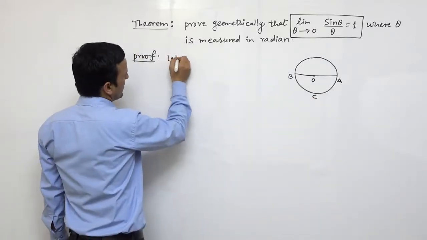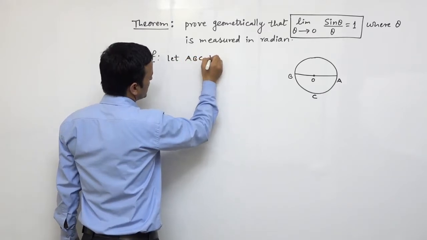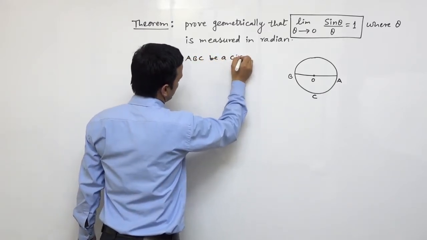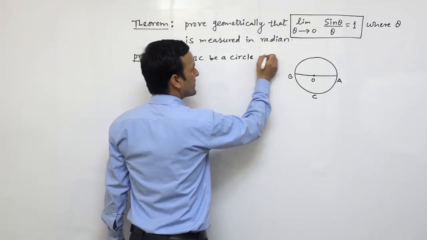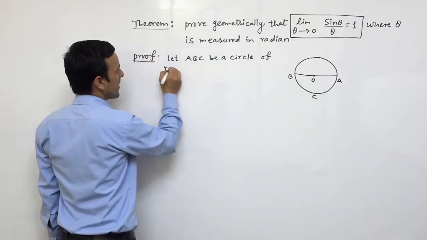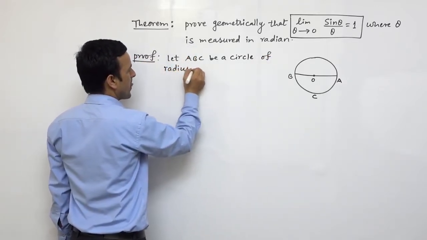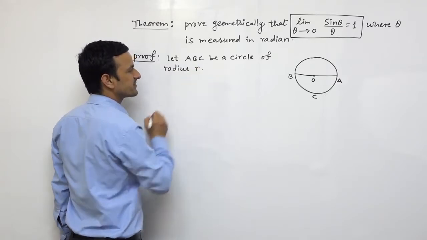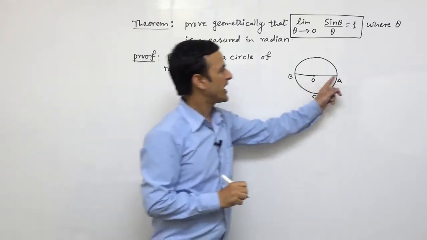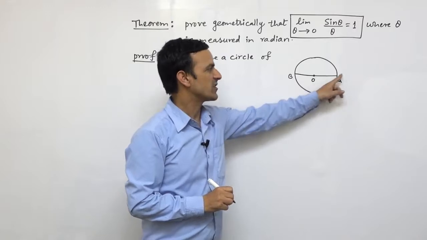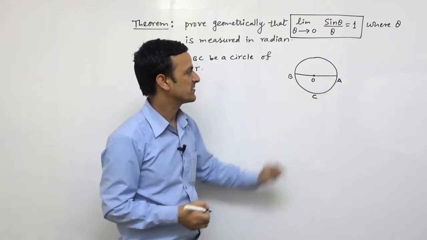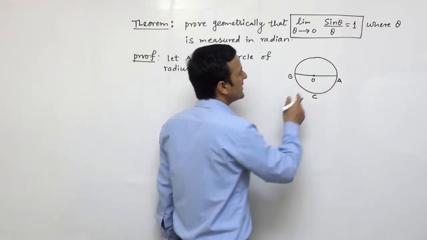Now write down: let ABC be a circle of radius R, where R is OA or OB. OA is also R, OB is also R. This is also the radius.